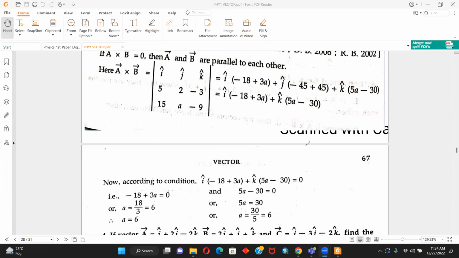Sorry, there's a minus when it should be a plus. It should have been -18 plus 3a, not minus 3a. So a is plus 6. Okay, that makes more sense.